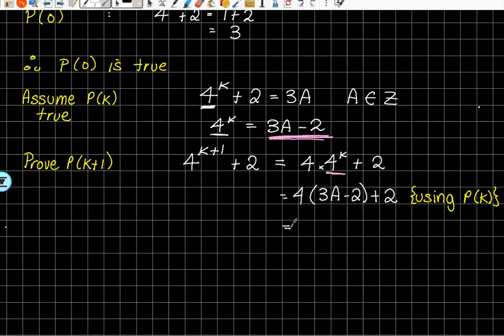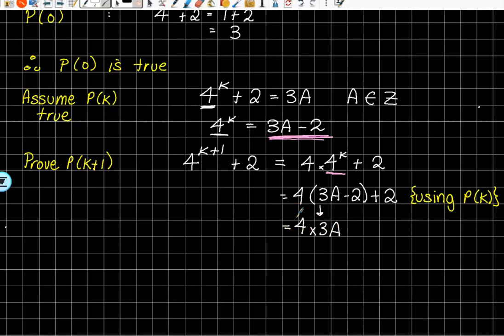So don't bother. I know you can all go 4 times 3 is 12, but in this case I would just leave it as it is, because that is our common factor that we want to pull out anyway. Imagine if it was dividing by 17, that would be 17 times a.